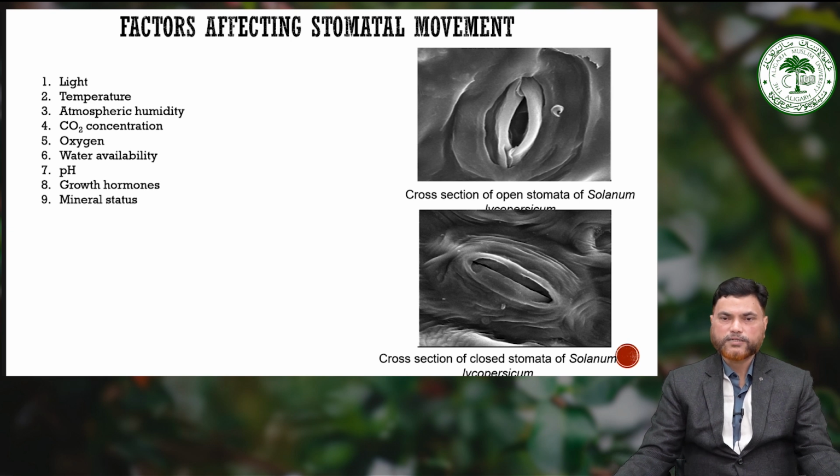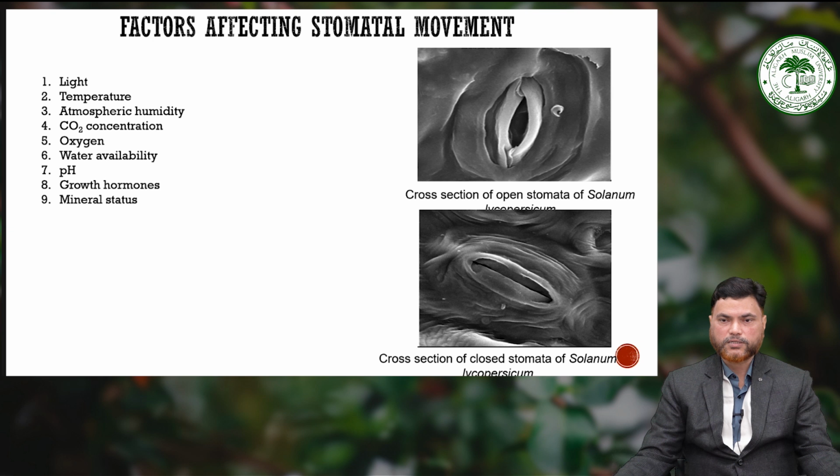Now, how does mineral status affect the movement of stomata? As you know, stomatal opening depends primarily upon the availability of potassium ions from the adjacent epidermal cells or subsidiary cells. A deficiency of phosphorus and nitrogen also slows stomatal opening.